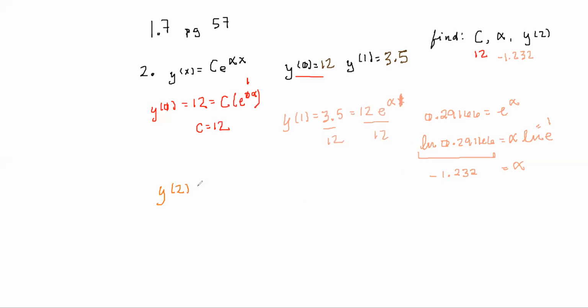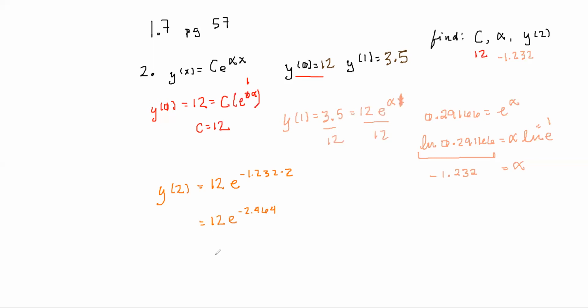run it. So y of 2 is going to be equal to 12 times e to the negative 1.232 times 2. And so that is going to be 12 times e to the negative 2.464.